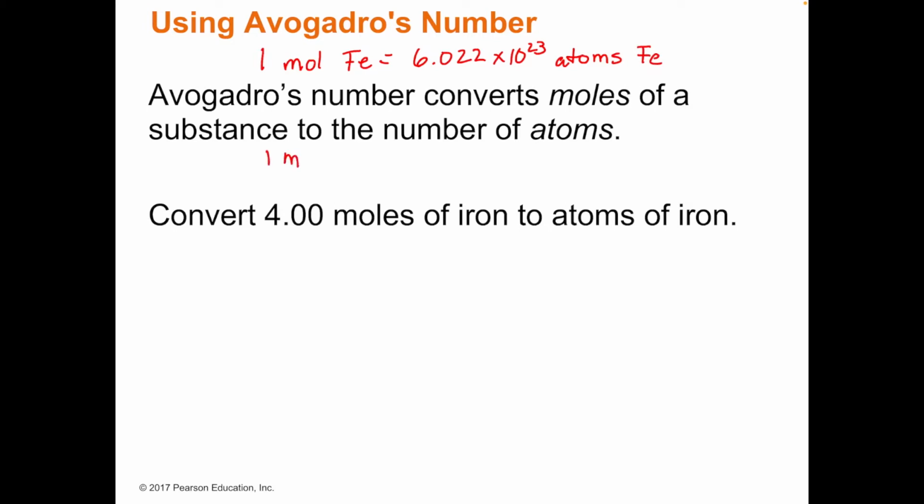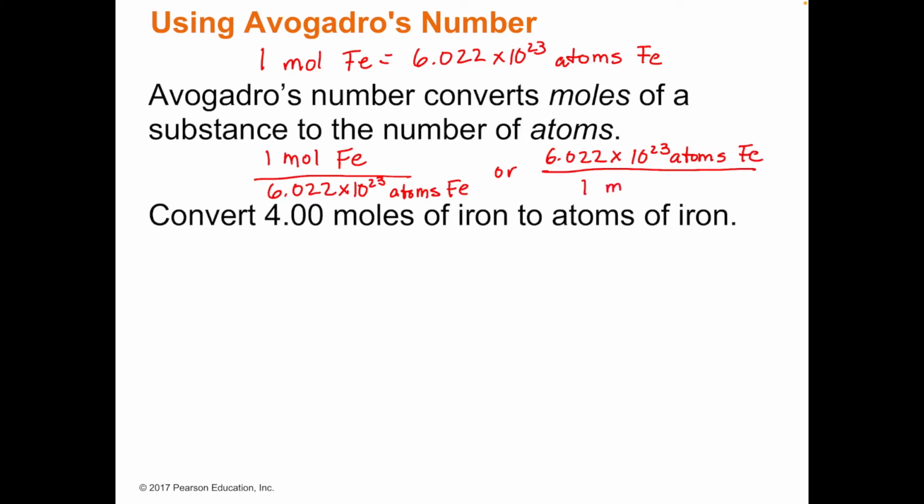We could write 1 mole of iron on the top and 6.022 times 10 to the 23rd atoms of iron on the bottom, or we can write 6.022 times 10 to the 23rd atoms of iron on the top and 1 mole on the bottom.